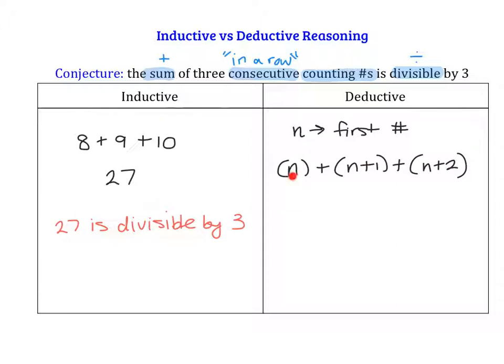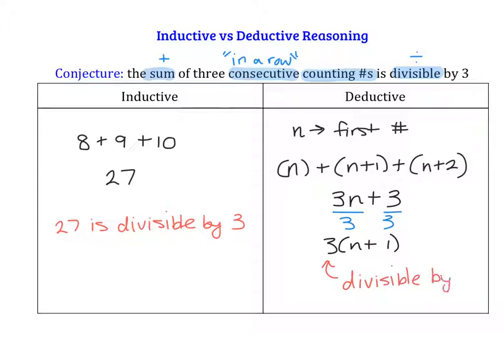And we can combine like terms. n plus n plus n is 3n. 1 plus 2 is 3. You'll notice that they have a common factor of 3, so I can factor it out. Because I have a 3 right here, I can see that this is divisible by 3. This would be deductive reasoning. Again, it's logic-based and it covers all possible scenarios to prove that our conjecture is correct. So: specific case versus logic-based general case.